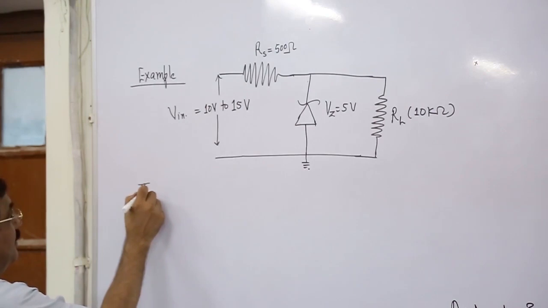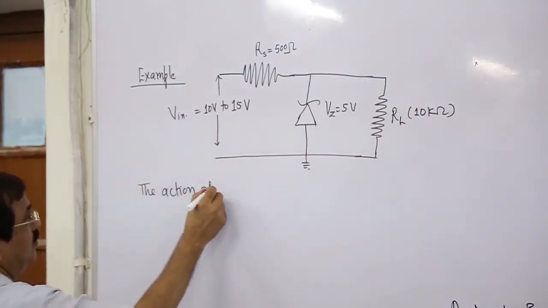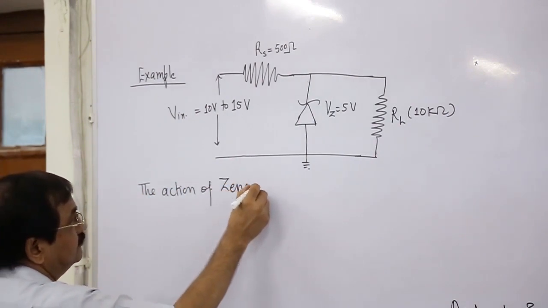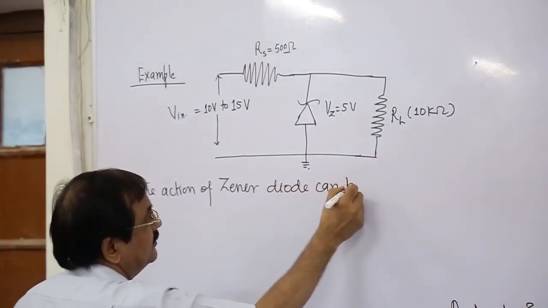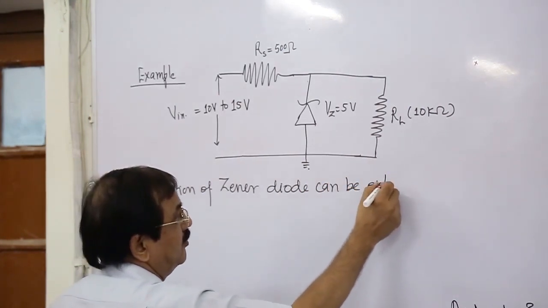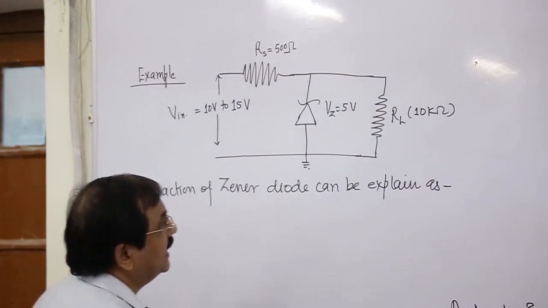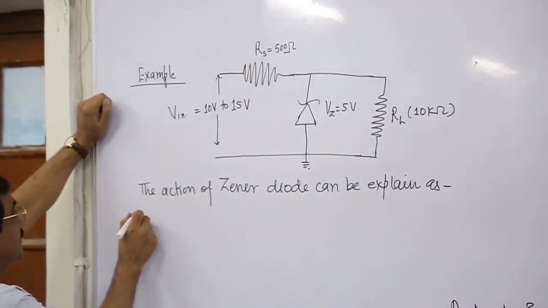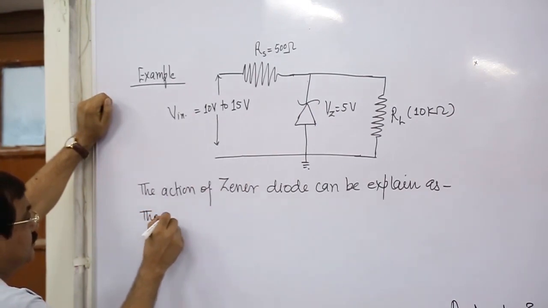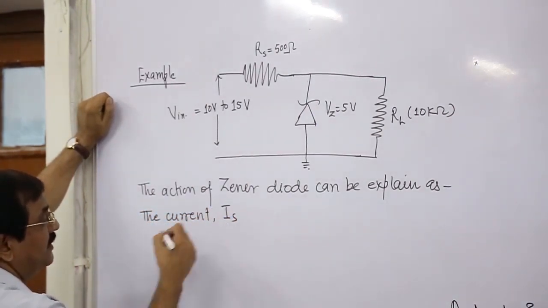The action of the Zener diode can be explained as the current IS.